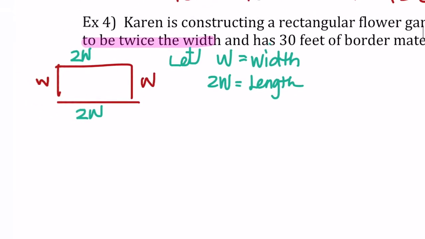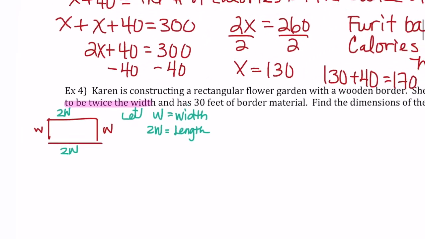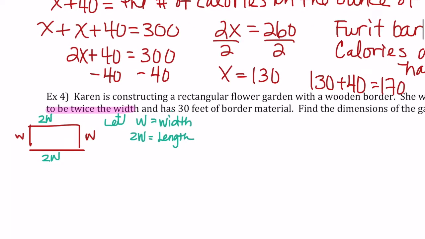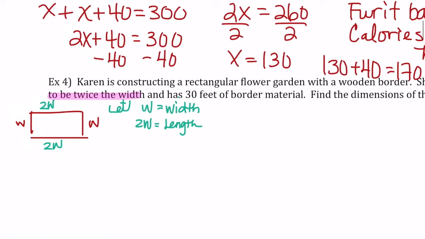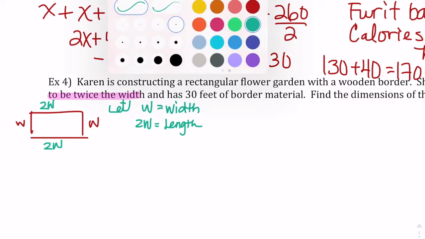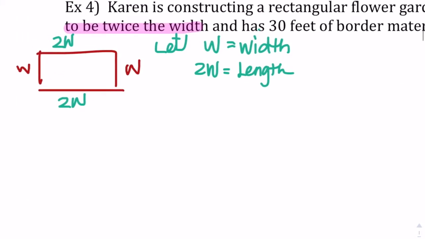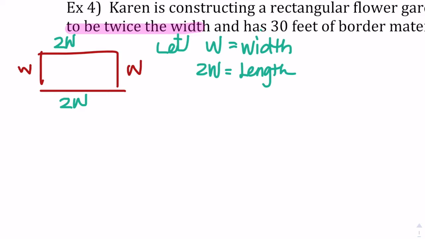Okay, so now they say the perimeter, or the border all the way around, is going to be 30. Because it's all the way around, you have to make sure you add everybody. That's going to be W plus W, right and left, plus 2W plus 2W, up and down.